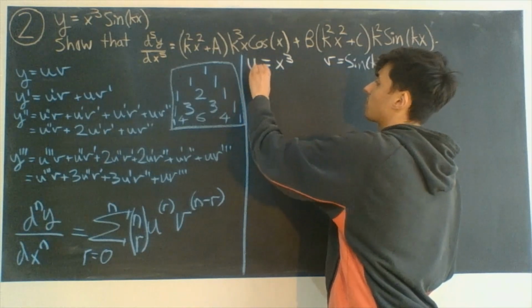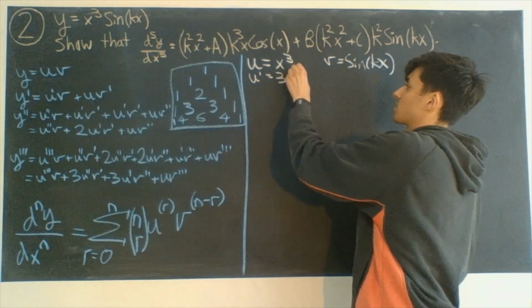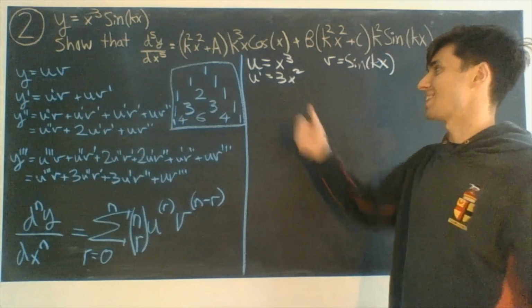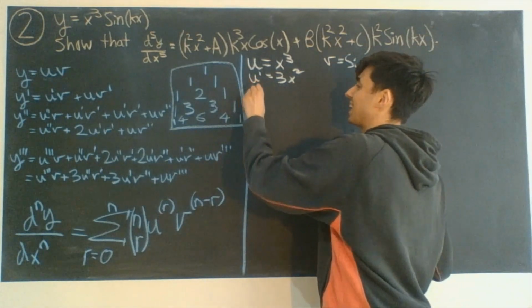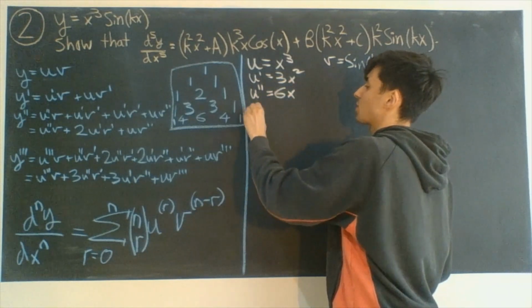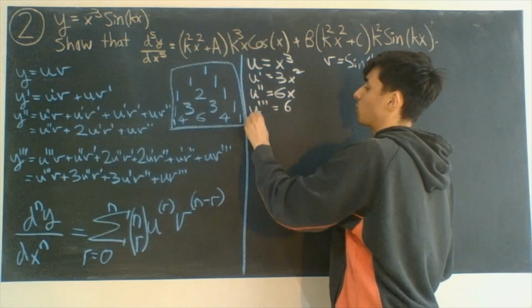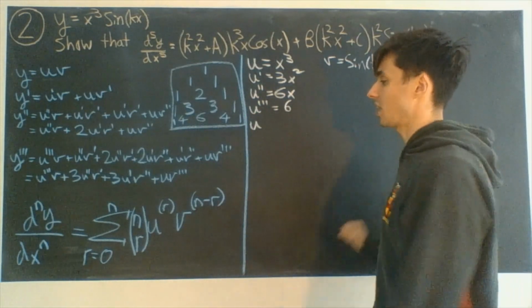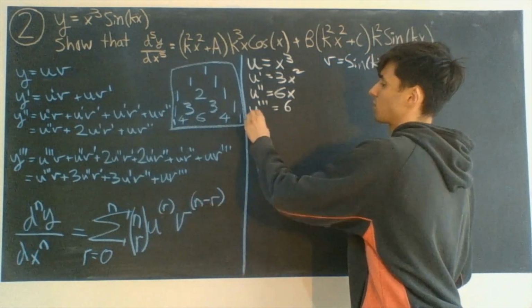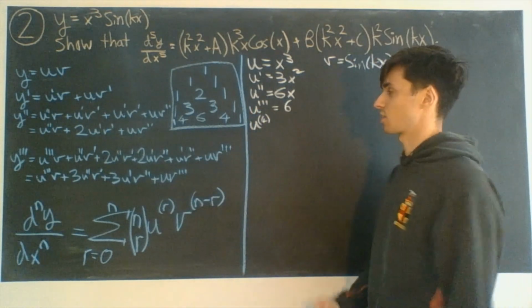The first derivative will be 3x squared. This is nice and easy for this one. The second derivative will be 6x. The third derivative will be 6. The fourth derivative, I'm going to write it like this, using this same kind of notation: u with the power in brackets 4.